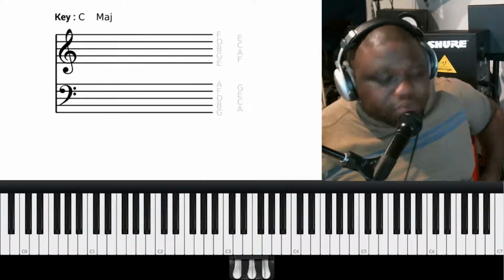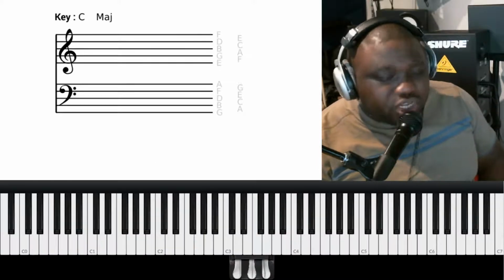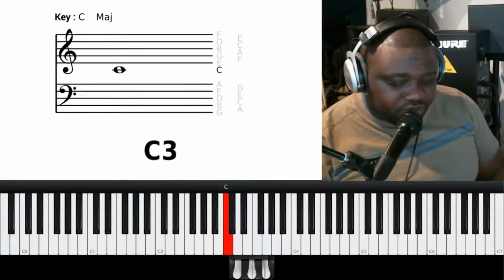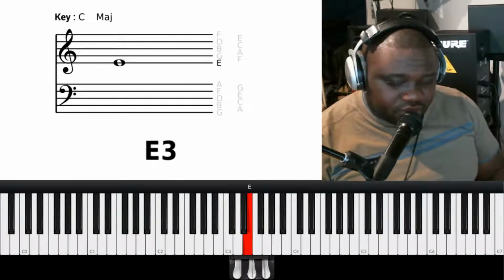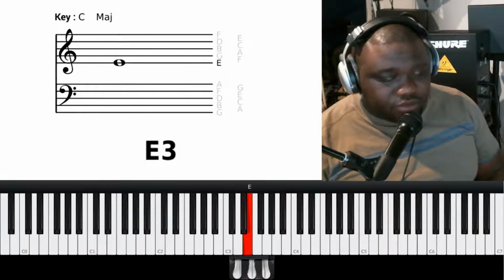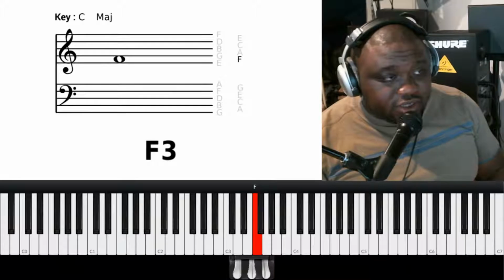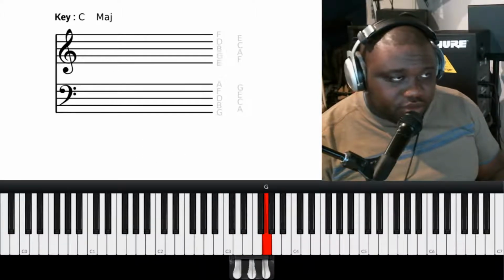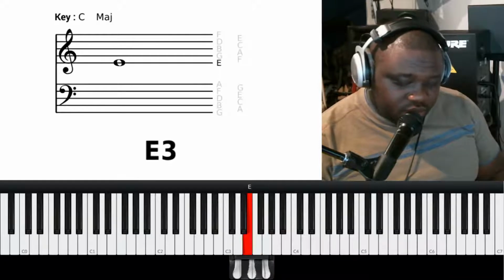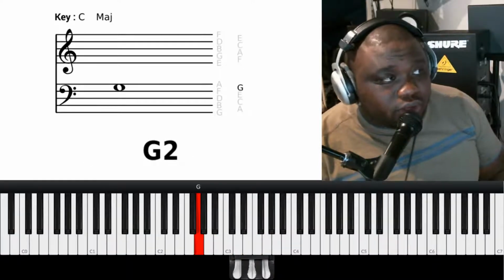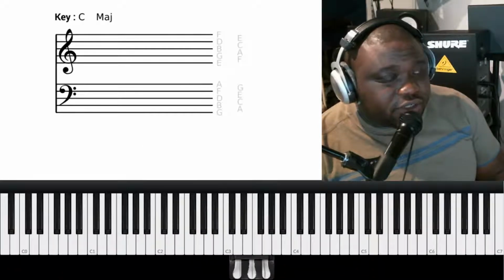Let's do another example, G. So when we do the G scale, you guys got the idea.